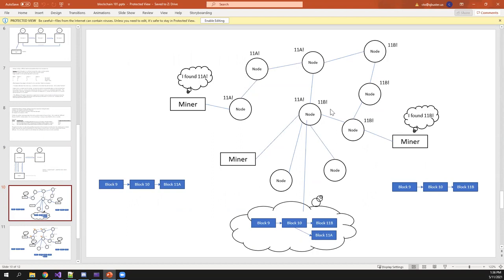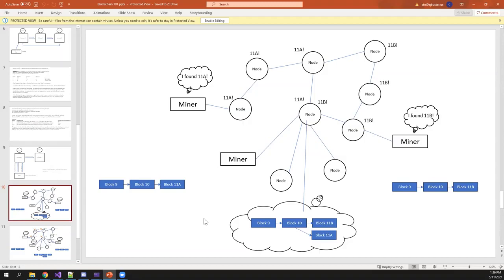Yep. All the connected nodes have to confirm it first before they send it to the network that the hash is already mined. Is that right? So these numbers are called block height. So this is block height 9, block height 10, block height 11.